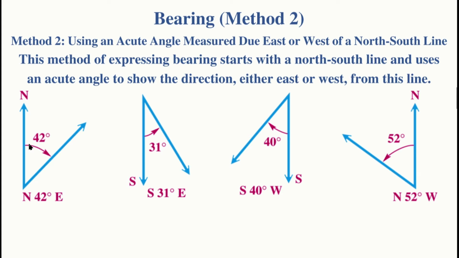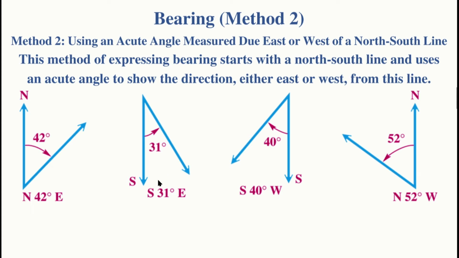And then from there, you measure 42 degrees and go in the direction specified. So east would be this way, west would be the other way, right? So here you just go in this direction, 42 degrees, there you have your bearing, right? So again, what's nice about this method is, yes, it's a little bit more complex in that you have to have those directions in there, but you'll only deal with a nice acute angle, which is easy to deal with.